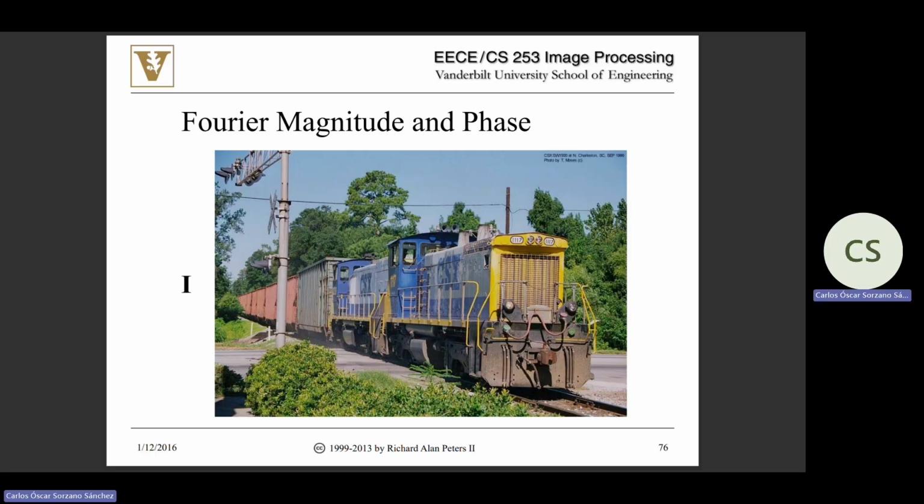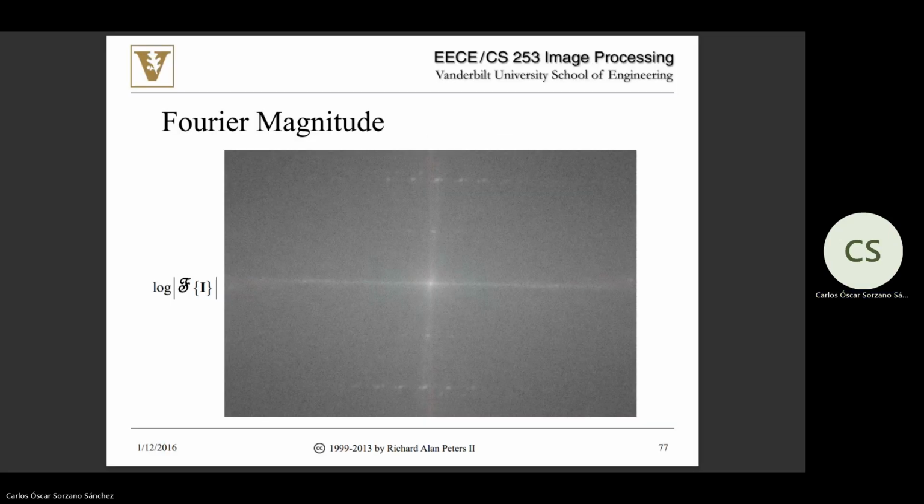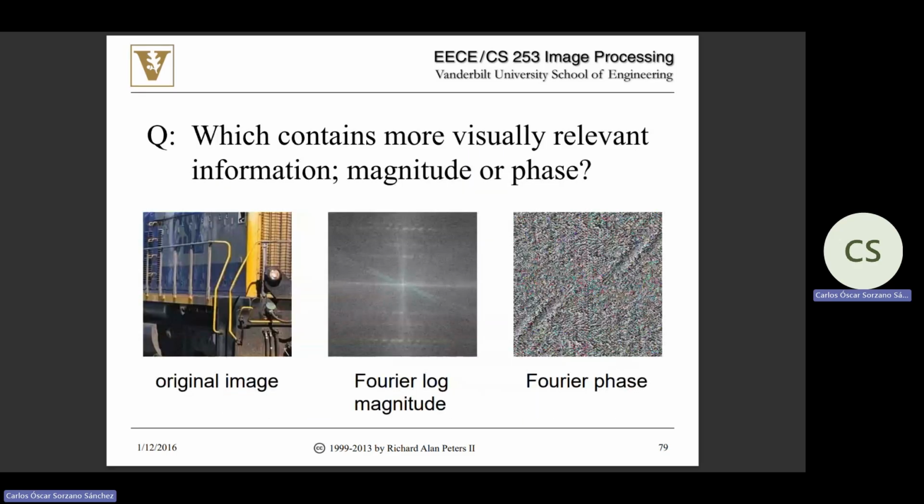So let's think of that image. This is the amplitude. This is the phase. And now we wonder, okay, which of the two? So we have 2 images. One is the amplitude, another one is the phase. Which one of the two has more information?